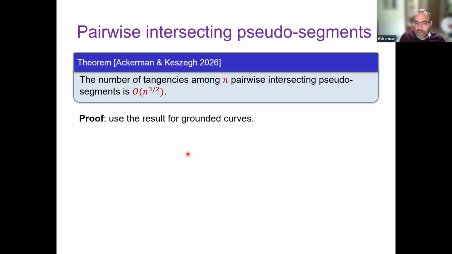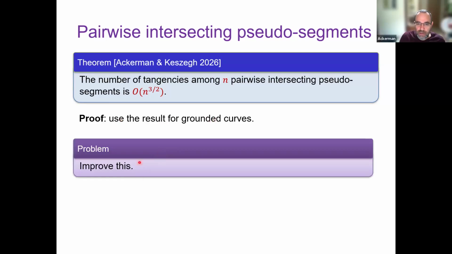We don't really use this strong property that every pair of curves intersect, just that they are grounded. I mean, you can just pick one of the curves and everyone is grounded on this curve. So there is much room for improvement in this case.